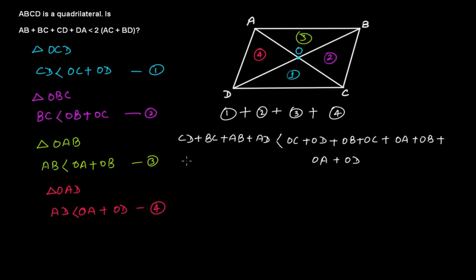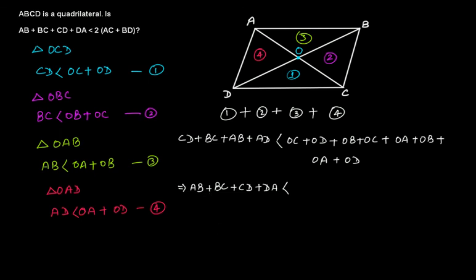Okay, now if we look here, we can arrange them a little bit and write them as AB plus BC plus CD, and this AD means DA only. It's less than, we have simply rearranged this sum of the sides.